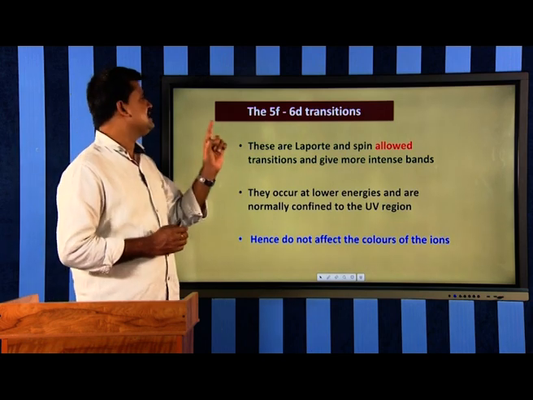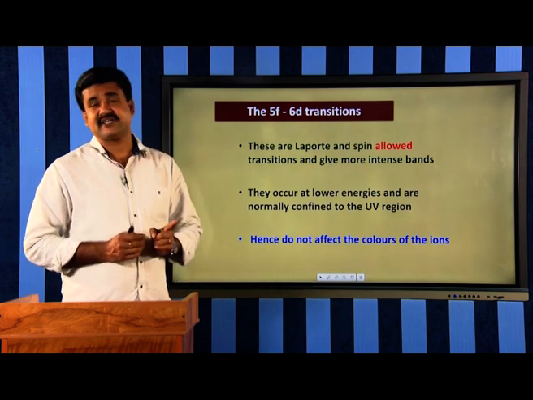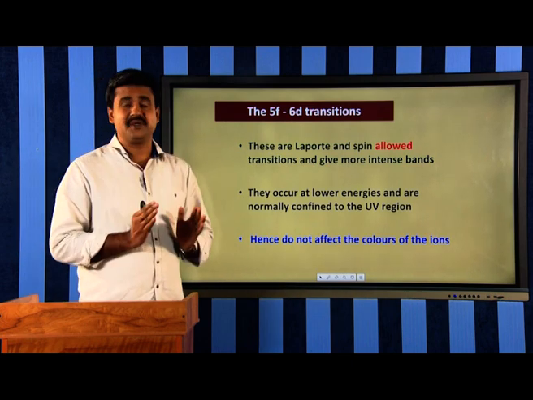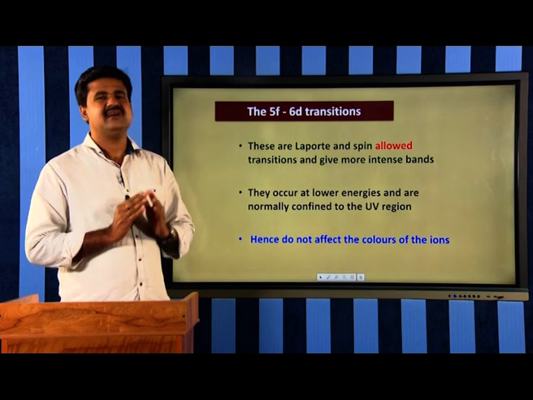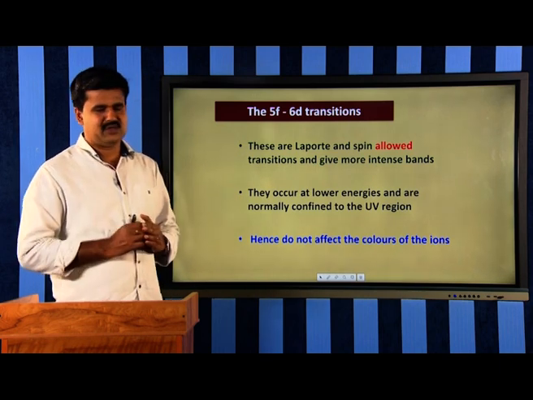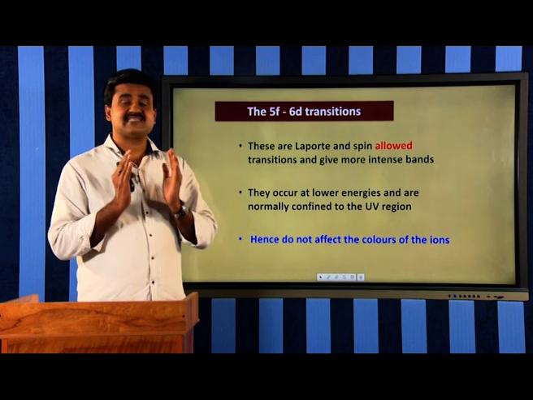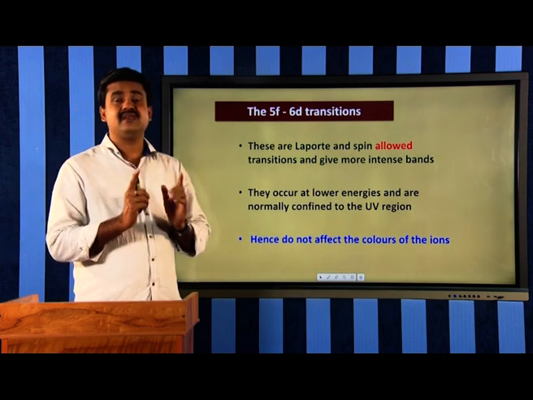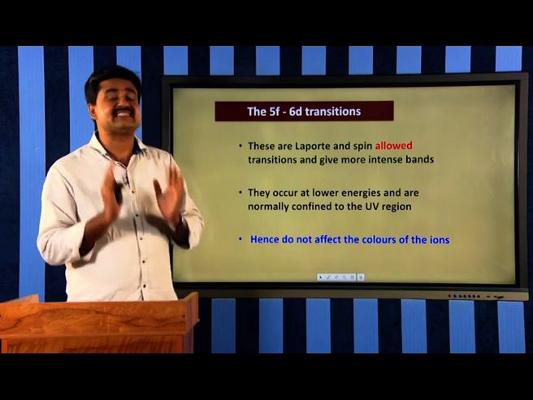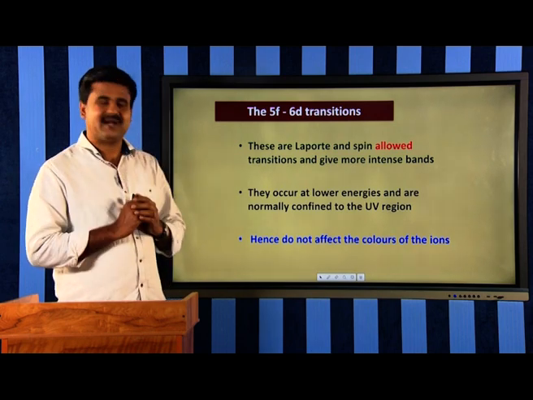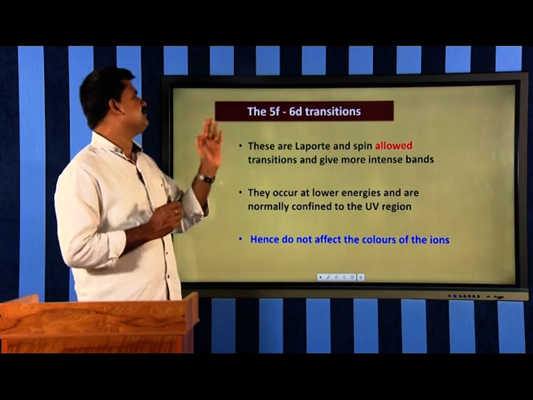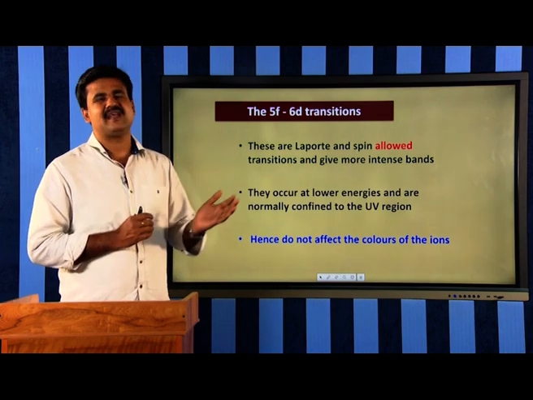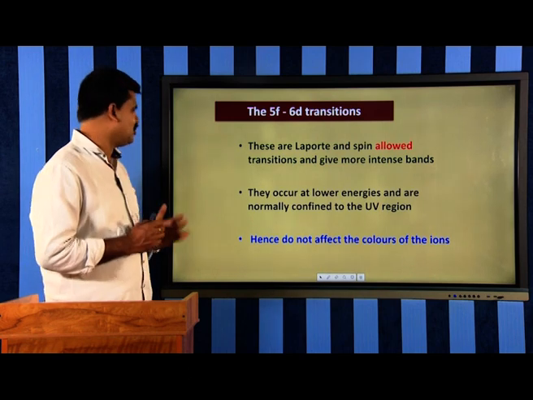Moreover, the 5f to 6d electronic transition in actinides is also allowed by another selection rule, that is the spin selection rule. The spin selection rule says that during electronic transition there should not be any change in total spin multiplicity. So, the 5f to 6d transition is permitted by both the Laporte and the spin selection rule.